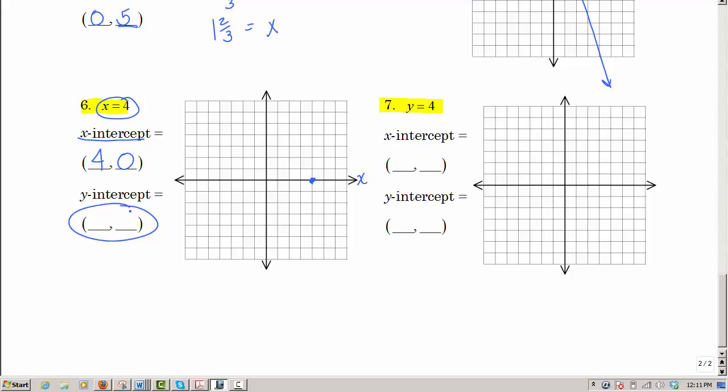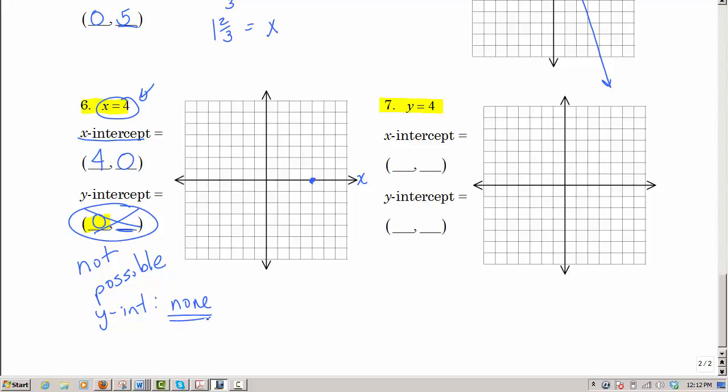But the y-intercept, it says that in order to find y, x has to be 0. But that contradicts this. So this is not possible, because our problem said that x has to be 4. So for the y-intercept, don't say not possible, how about let's write none.